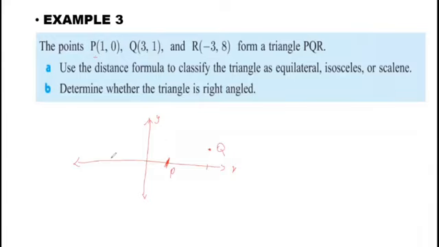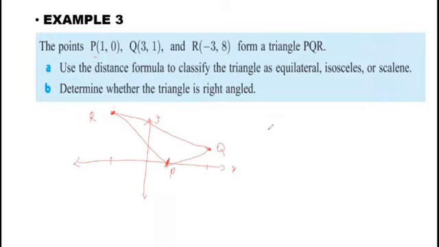So -3 on the X axis and 8 on the Y axis. So a bit around here. Good. So this becomes our R. So if I join this, then a triangle is formed.